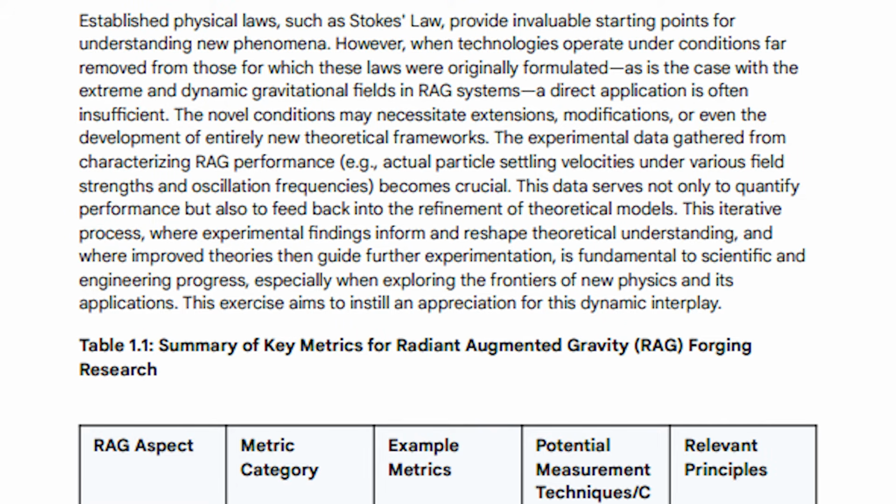This iterative process, where experimental findings inform and reshape theoretical understanding, and where improved theories then guide further experimentation, is fundamental to scientific and engineering progress, especially when exploring the frontiers of new physics and its applications. This exercise aims to instill an appreciation for this dynamic interplay.